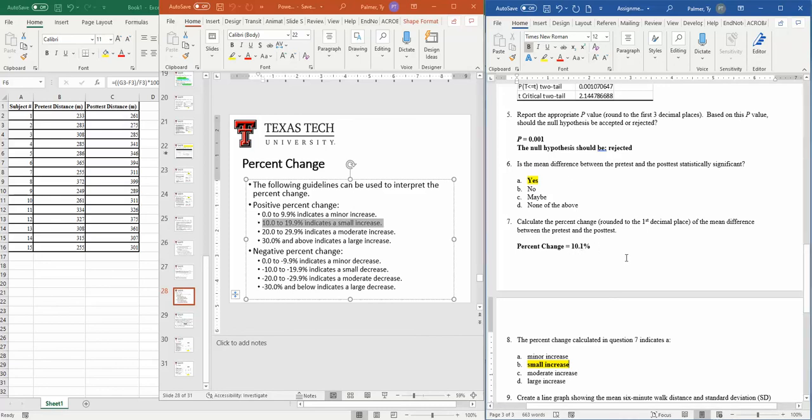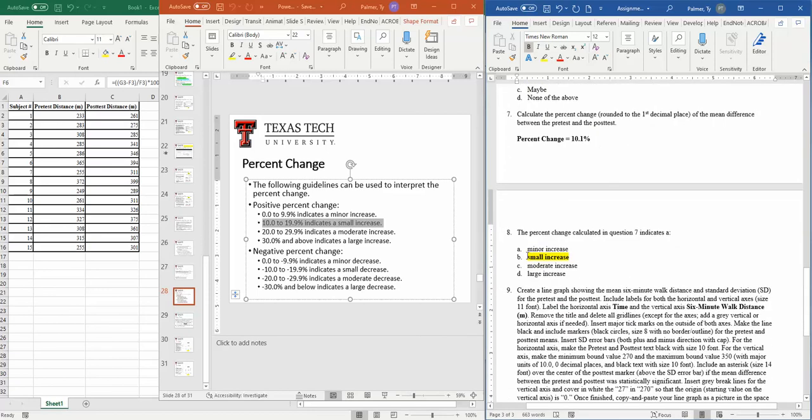By looking at the percent change, we're getting more information. Now we're discovering, we found a statistically significant difference earlier. How large is that difference? Is it minor? Is it small? Is it moderate? Is it large? And in this particular example, we found a small increase. A percent change of 10.1% is indicative of a small increase.